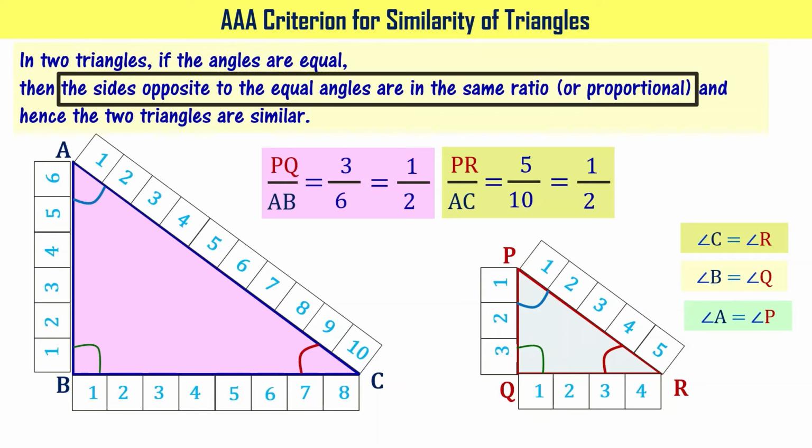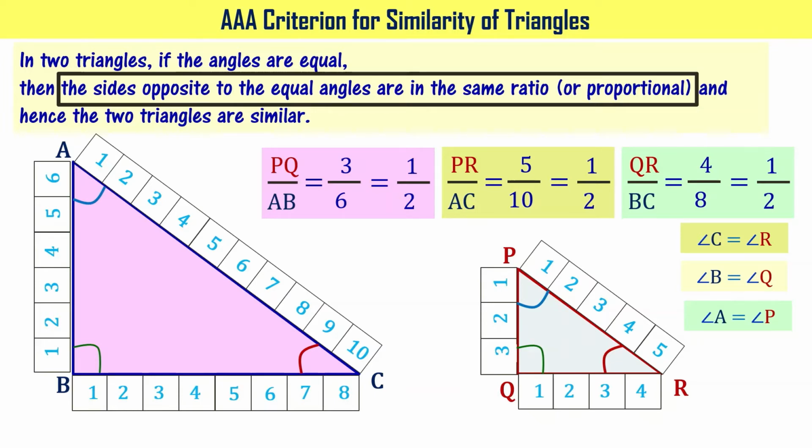If you take ratio of the sides which are opposite to these two angles, you can write it as QR by BC, that is equal to 4 by 8, that is equal to half. What you have seen now is the sides opposite to the equal angles are in the same ratio, that is equal to 1 by 2, right?